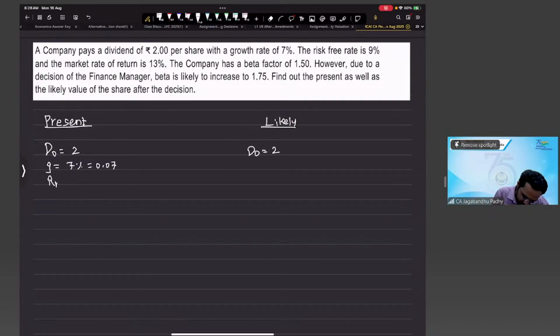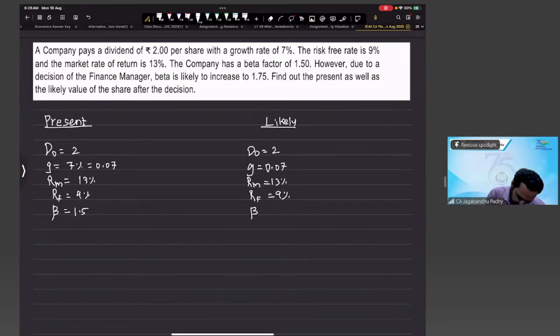The market rate of return is 13%, the risk-free rate is 9%, and beta is 1.5. Growth rate is again 0.07, RM is 13, RF is 9, and we just have the beta changing to 1.75.